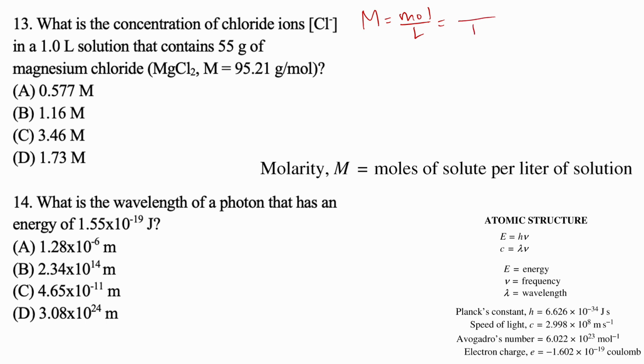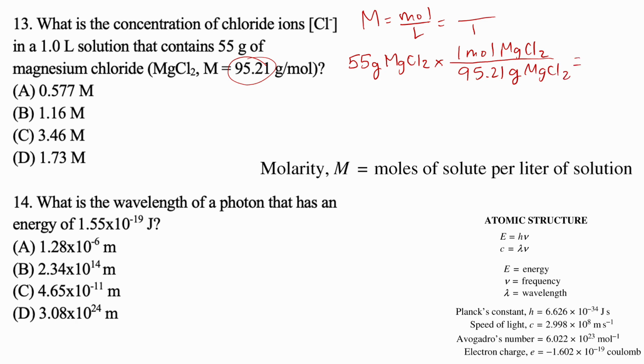So we need to figure out our moles. So we already have grams. So in order to get from grams into moles, I'm going to be dividing by the molar mass because I know in 1 mole of MgCl2, I have 95.21 grams of MgCl2.